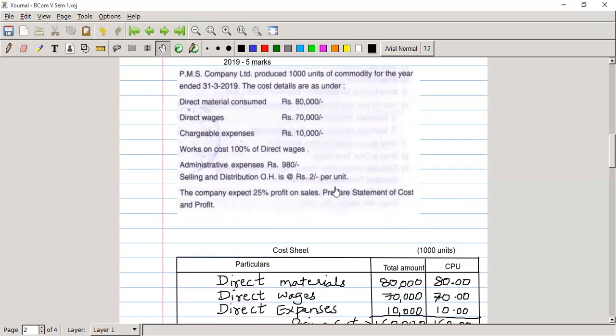So we have to assume that 1000 units are produced and 1000 units are sold.